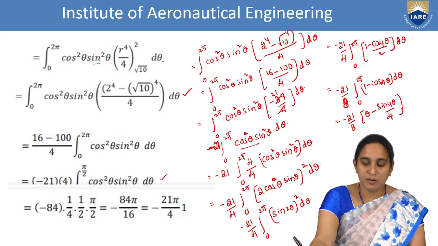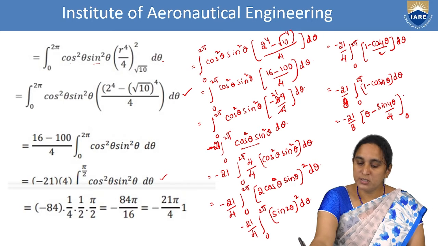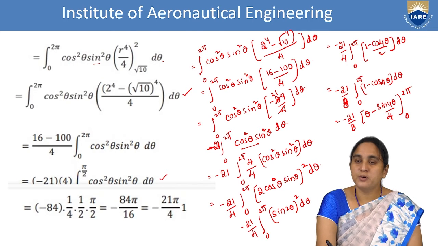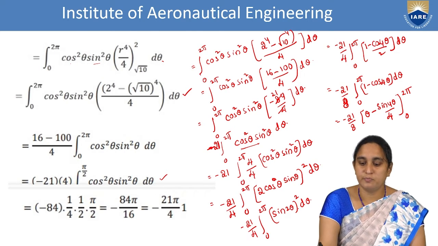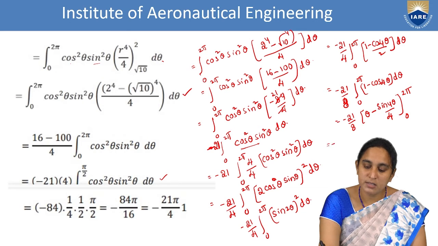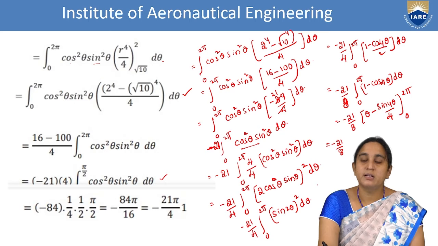Sin 4 theta by 4, and the limit points are 0 to 2 pi. From that, minus 21 by 8 into, here what is the upper limit point? 2 pi.